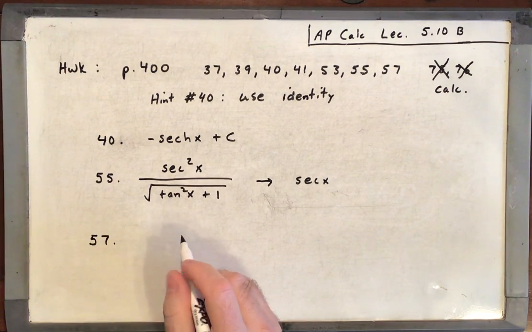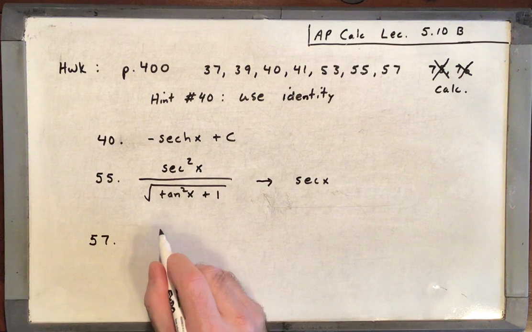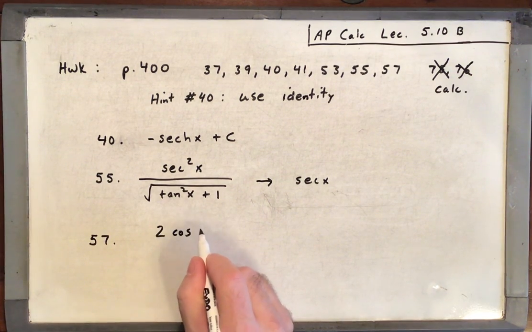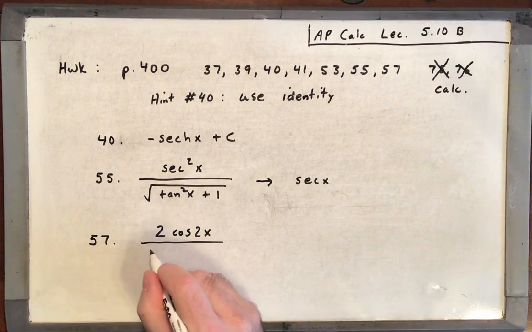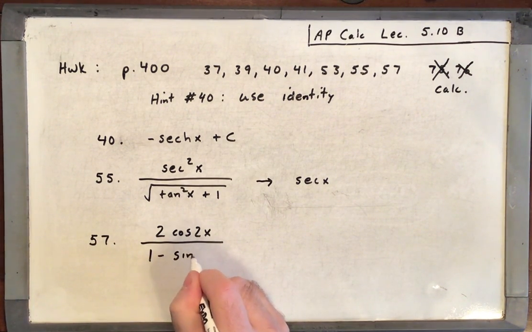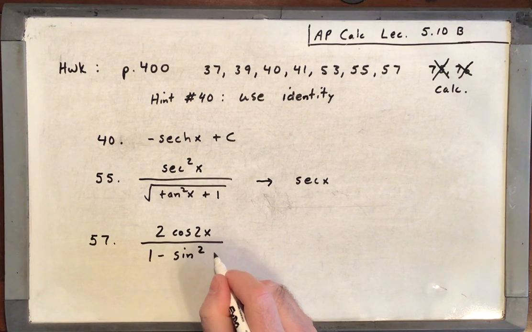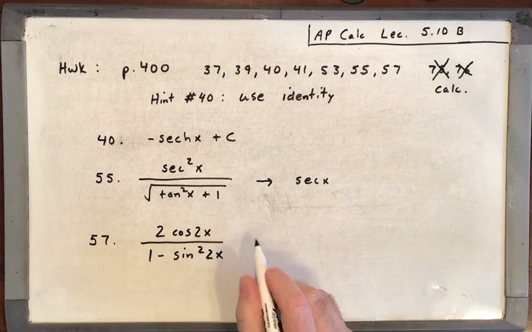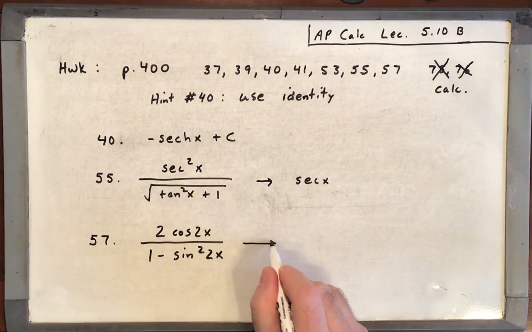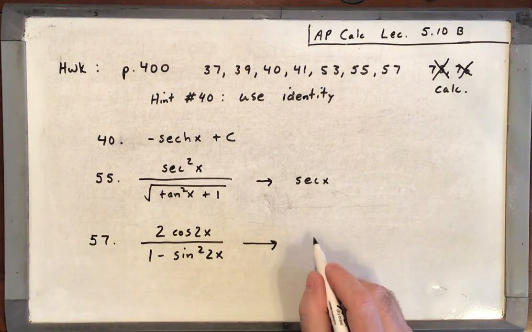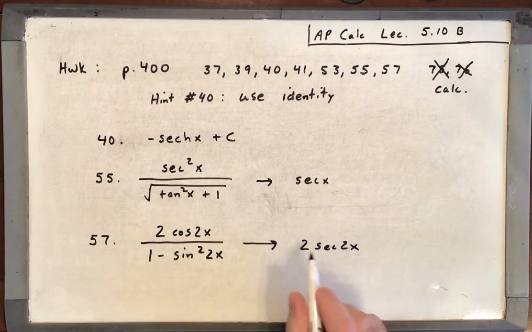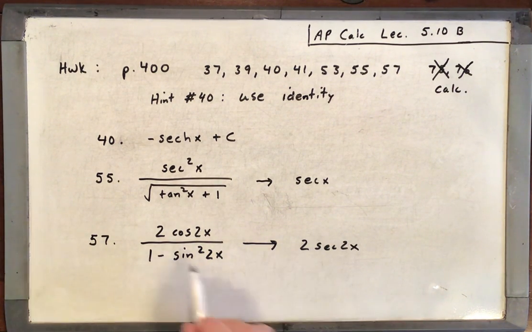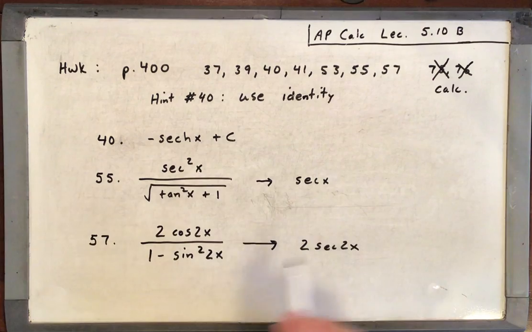And then 57, 2 cosine 2x over 1 minus sine squared 2x, I would accept. The book uses identities and simplification to boil that down to 2 secant 2x. I wouldn't require that on the test, but if you want to try it, give it a go. And again, 75 and 76, don't worry about it.